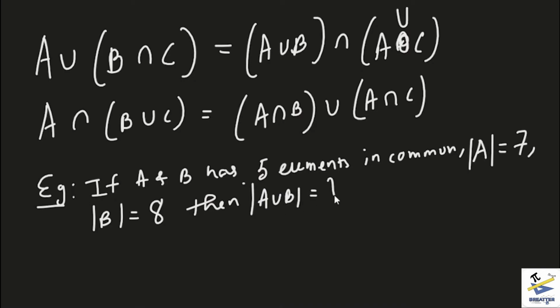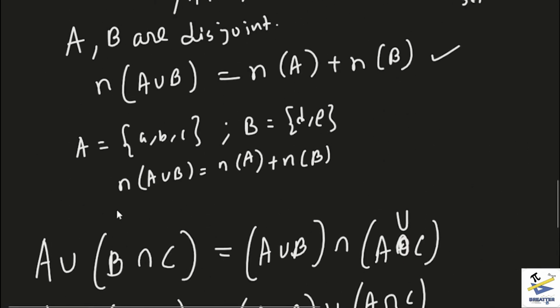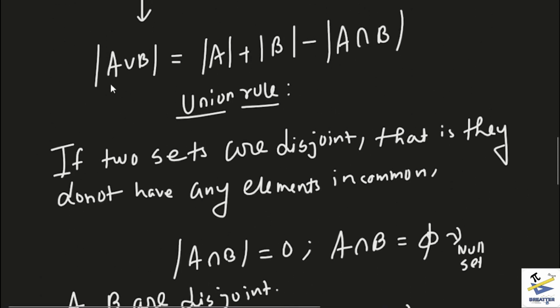Then obviously in this type of question where you have to find the number of elements in a set like A union B, A intersection B, or A or B alone, we are always going to use the union formula, which you remember from here, which basically says mod of A union B is mod A plus mod B minus mod of A intersection B, right?